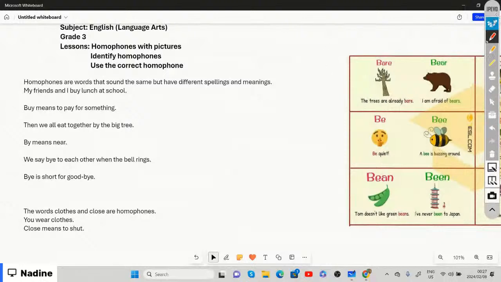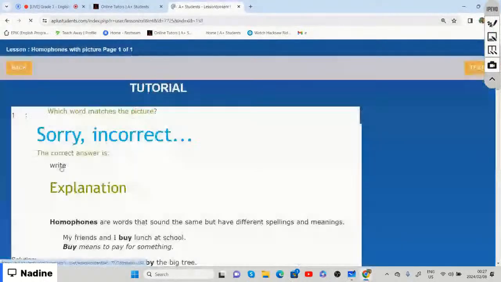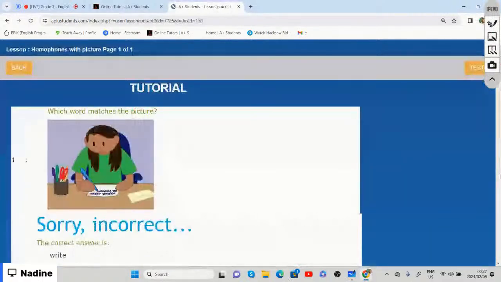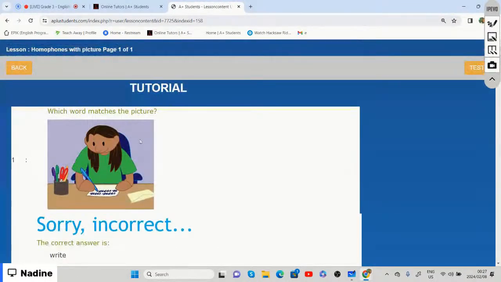All right. And we are doing our tutorial lesson on A Plus Students dot C A. So let's go to A Plus Students dot C A. And we're going to the first lesson, where it's homophones with pictures. All right, so if we look at the pictures, it says which word matches the picture.